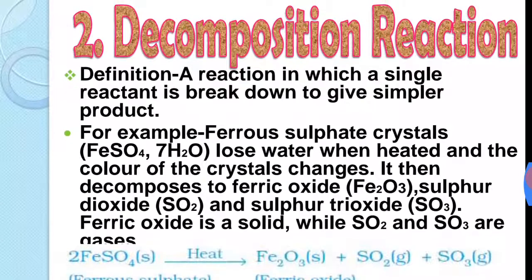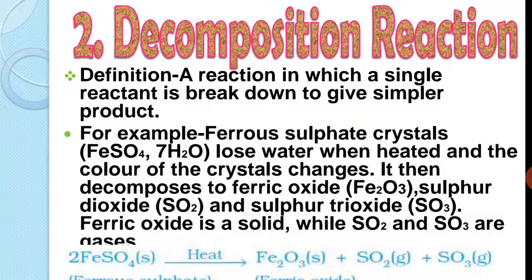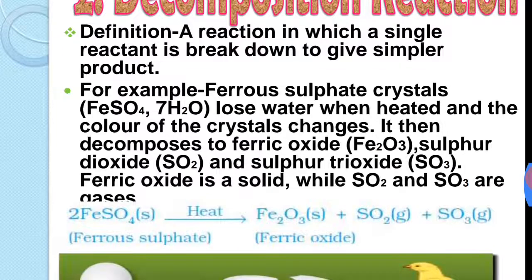Now the second type of reaction is decomposition reaction. It is defined as a reaction in which a single reactant is broken down to give simpler products. The number of products may be 2 or 3, or more. First example, we see ferrous sulfate crystals.